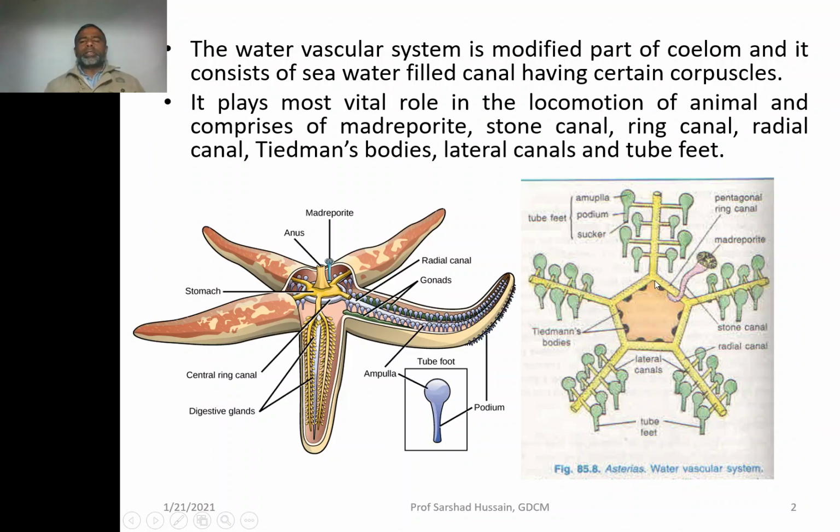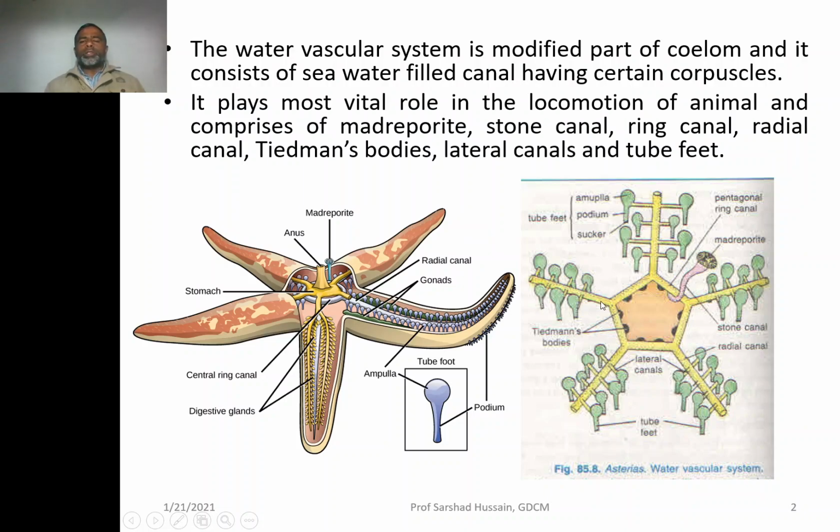The ring canal in turn gives each arm a radial canal. You can see that a radial canal is coming to this arm, and similarly to this arm, this arm, and this arm. So these are the 5 radial canals. And then Tiedemann's bodies, you can see these are the Tiedemann's bodies.